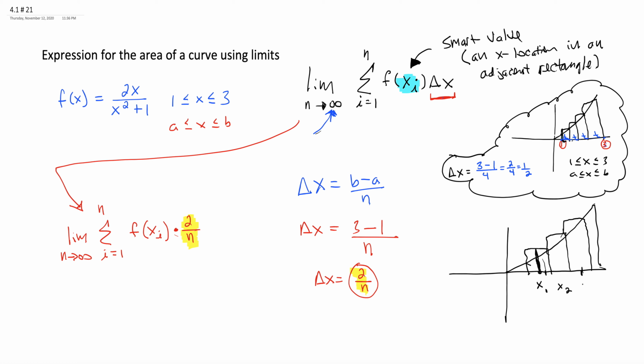See, so x sub 3 would be right there. Of course, since we're doing infinitely many rectangles, those would actually be really close to each other.